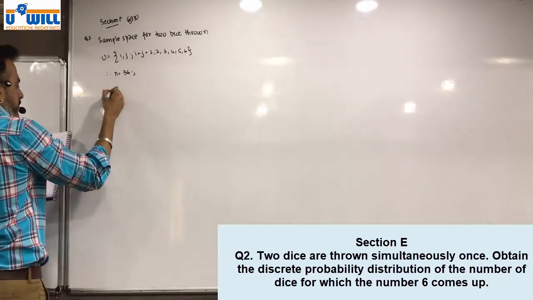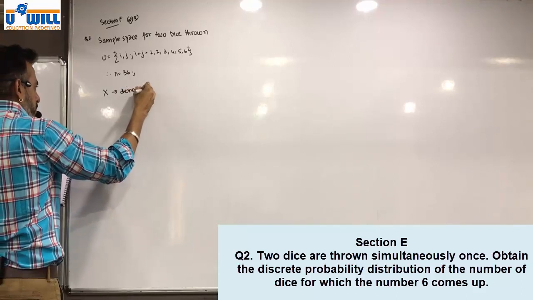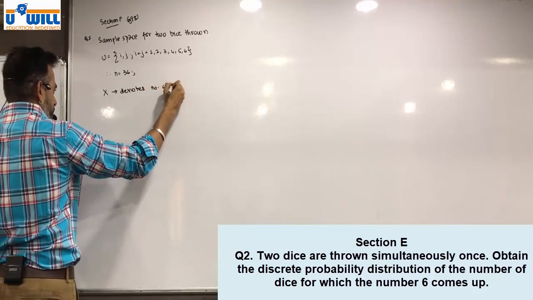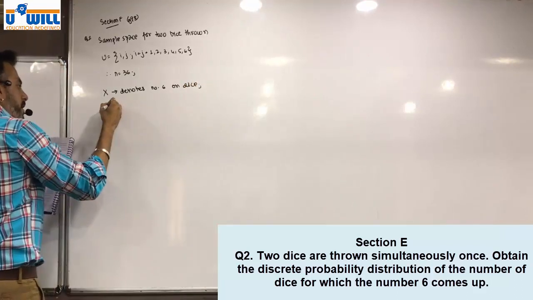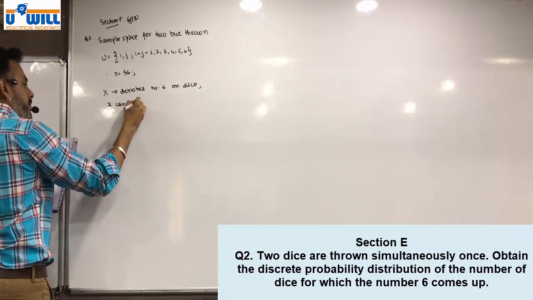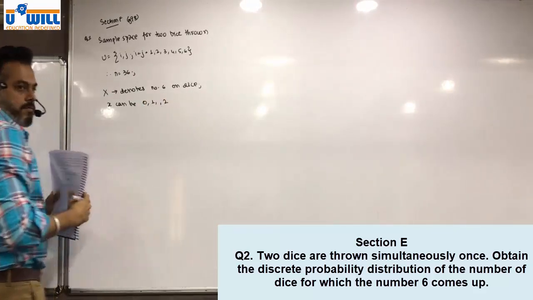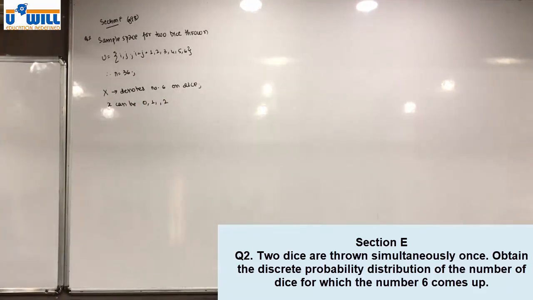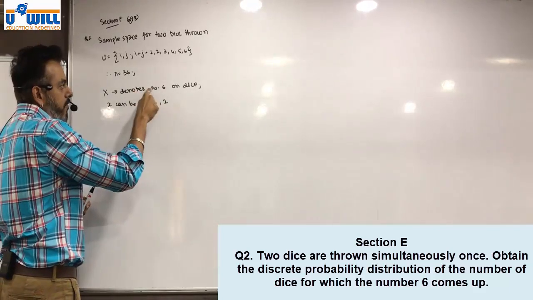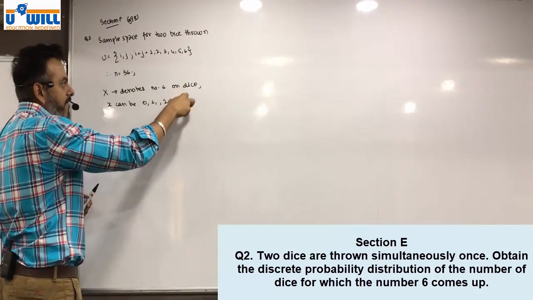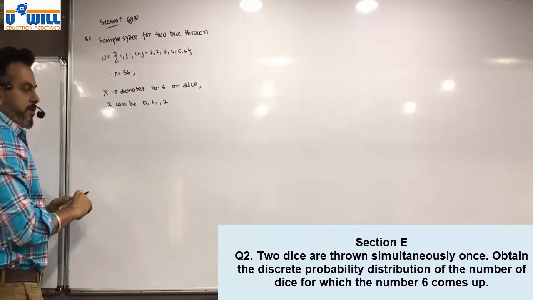Now, x denotes number of 6 on dice. X can be 0, 1, 2. You understood this? X can be 0, 1, 2 because it denotes number 6 on dice. There are two dice.